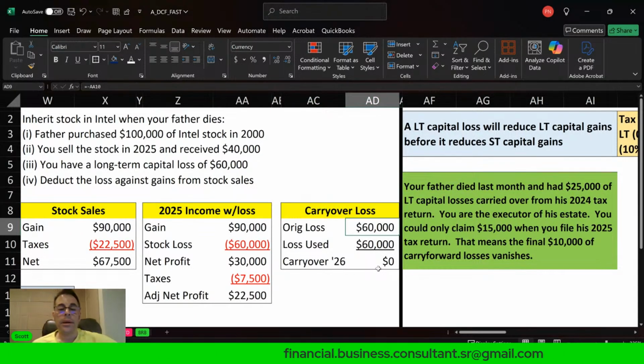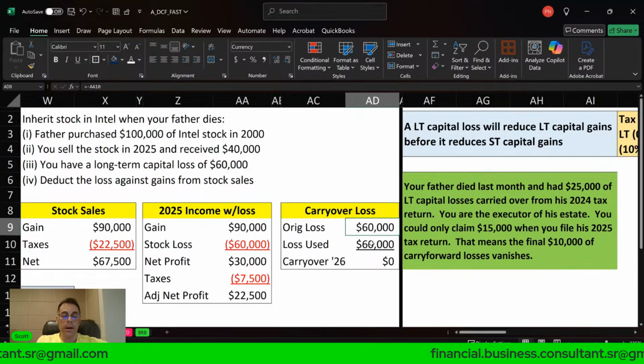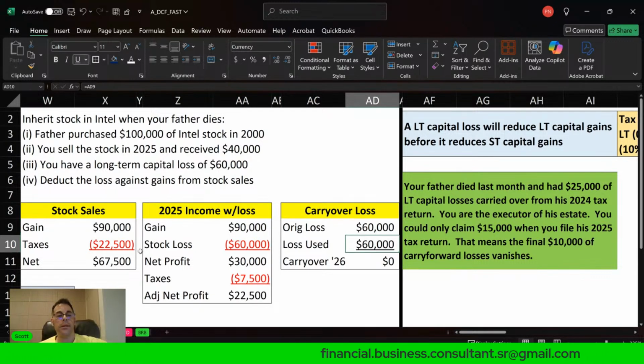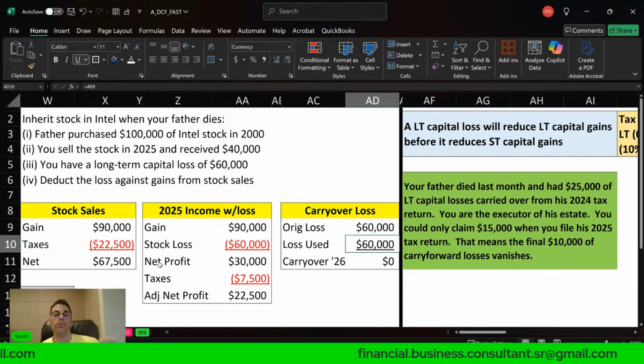So now you have no carry forward loss because the original loss on this stock sale was $60,000. You use the entire $60,000 in this tax year because you had a gain to offset against it. In the first example, there was no gain to offset against it, so you could only use $3,000 max.